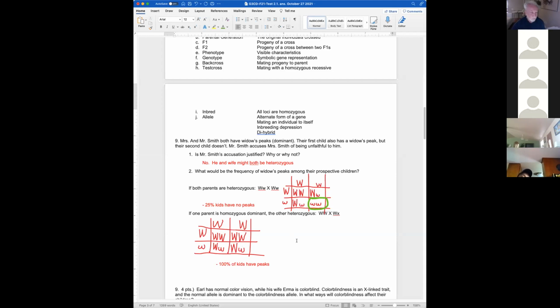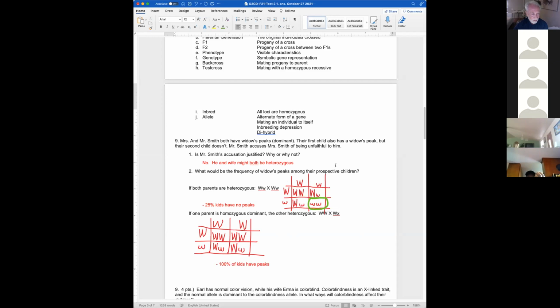However, if they were both heterozygous, then you see the other Punnett square, big W little w crossed with big W little w, and you can see immediately that 25% of their children would be homozygous recessive, and that means they would not have a widow's peak.